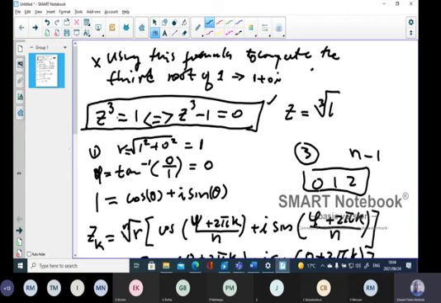If you have z to the power 3 equals 1, don't forget this arrow means if and only if. You can also write in English, if z to the power 3 is equal to 1, it implies that z to the power 3 minus 1 is equal to 0.